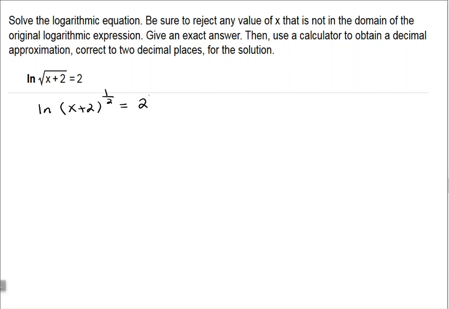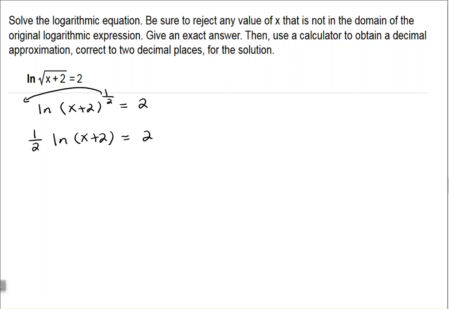Now keep in mind your properties and your rules for logarithms. I can use the power rule here to pull the exponent down in front of the natural log. Now I want to remove the 1/2 times the natural log, and I can do that by multiplying both sides by the reciprocal of 1/2.